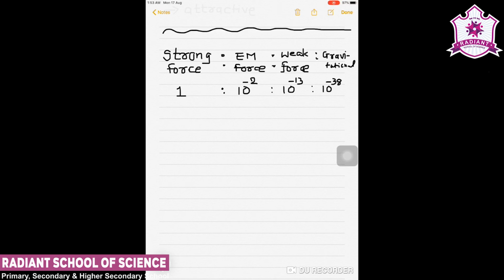So strong force is the strongest, while gravitational force is the weakest. So this is the comparison between them.